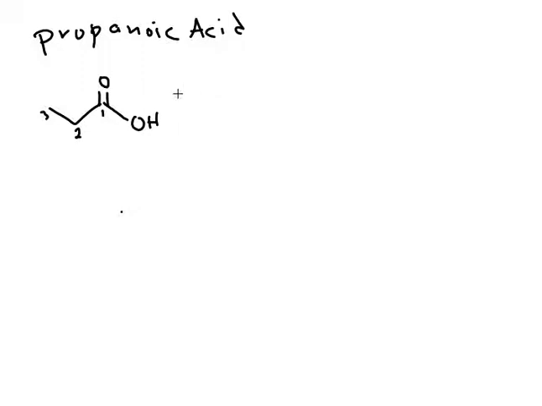We are going to react this with isopropyl alcohol. So isopropyl alcohol, remember, is the alcohol functional group, and it's going to be connected to 3 carbons in the middle. So carbon 1, carbon 2, carbon 3. So this is isopropyl alcohol.